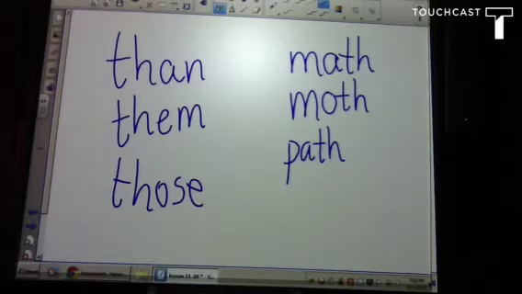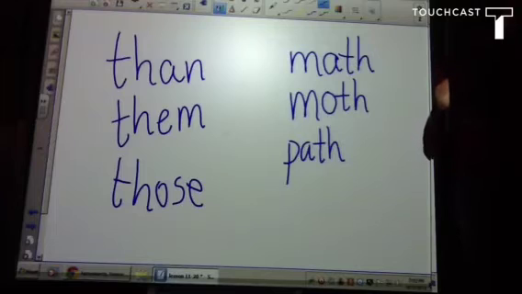So TH makes the sound and the sound v. The difference between these sounds is that one is voiced and the other is unvoiced. Let me show you. Put your hand on your throat and say this sound.